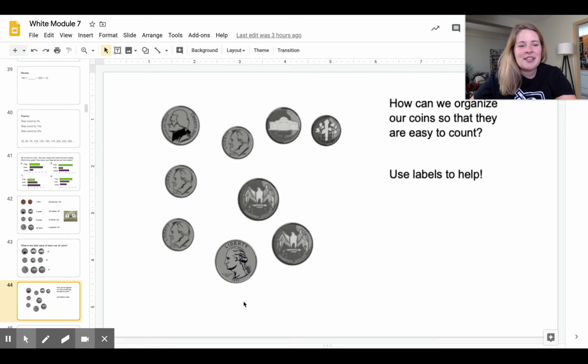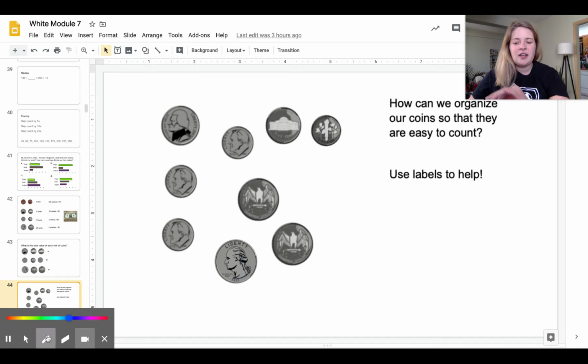Here, we have coins all in a jumble. This makes it challenging to count coins, as we learned last week when we were trying. So now we're going to organize our coins to help us think through how best to count them. I see that I have a few quarters, a few dimes, and a few nickels.